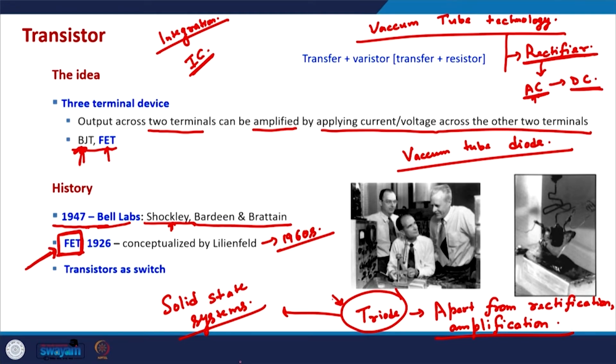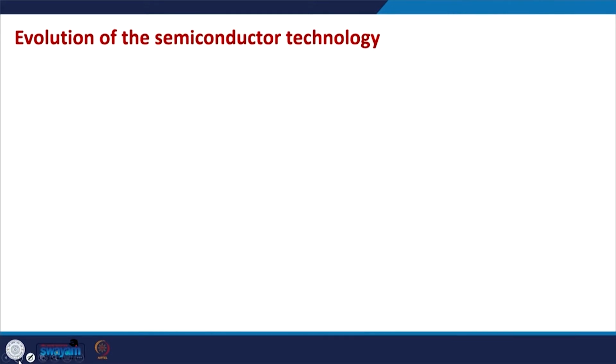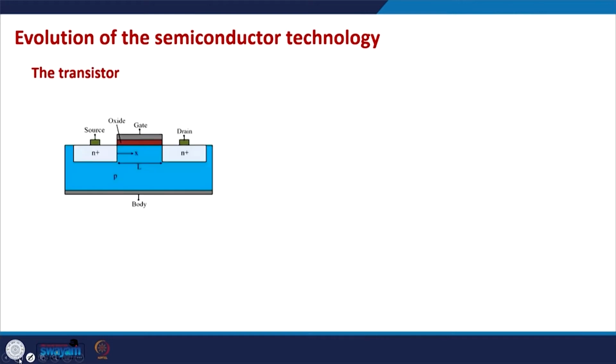Okay. And with this bit of history, let's see how this semiconductor technology evolved. This is one kind of field effect transistor, known as the MOSFET, which means metal oxide semiconductor field effect transistor.